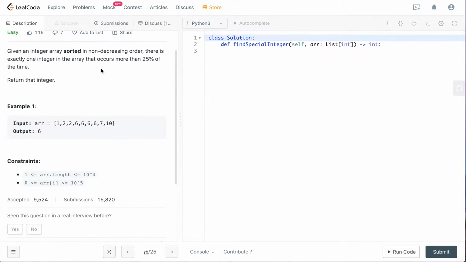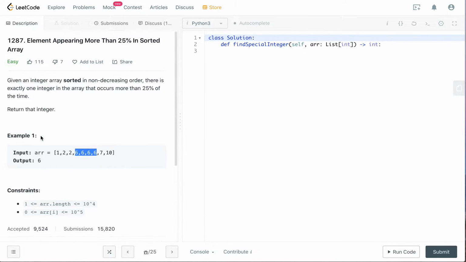So more than 2.25 times is more than or equal to 3 times. So there is only one element that appears more than or equal to 3 times, that is 6, so our output should be 6. To solve this problem, let's read the question again.